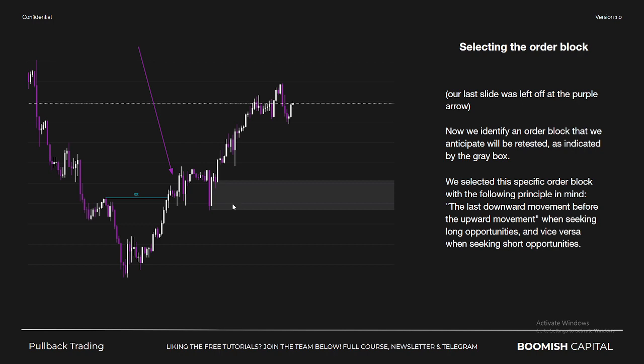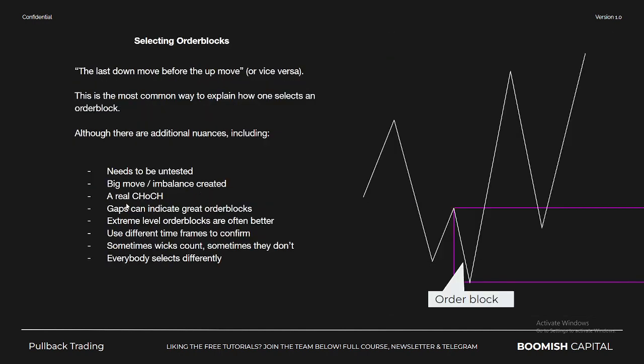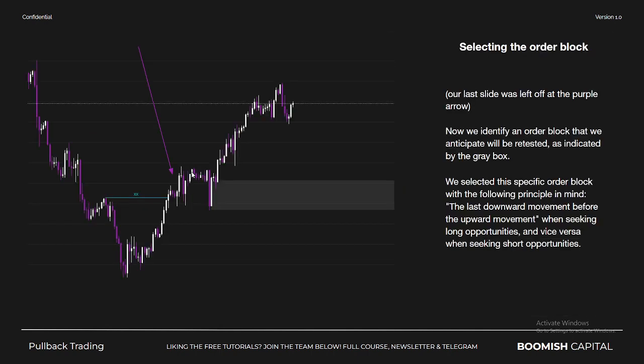Now, here comes a nuance. It needs to be untested, right? And you can see here, technically speaking, this retest here, which I think on the 1 hour, makes this a tested order block, technically speaking, right?